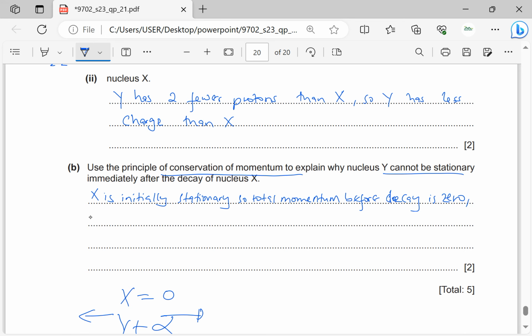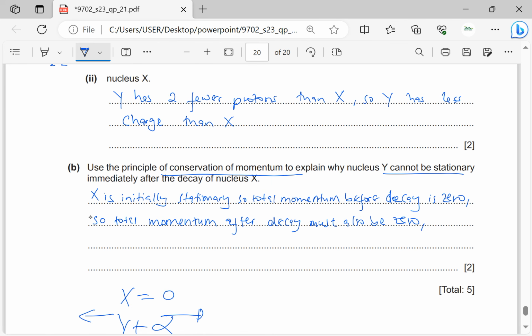So total momentum after decay must also be 0.